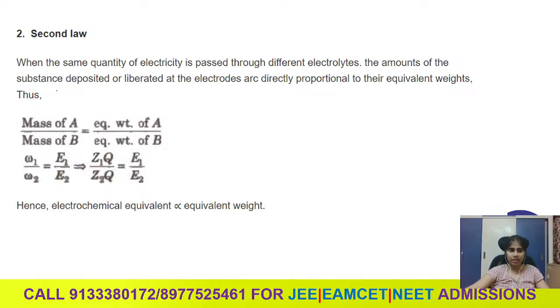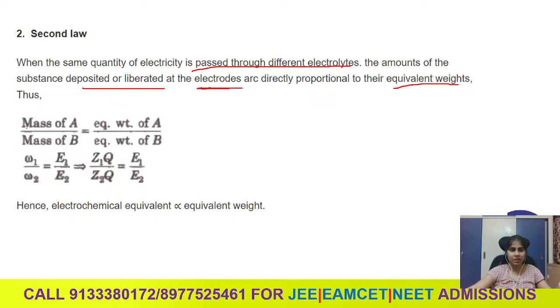The amount of the substance deposited or liberated at the electrodes, by either reduction or oxidation, is directly proportional to their equivalent weights. Equivalent weights are involved in the second law. So the same amount of electricity is passed through different electrolytes, and the substance deposited or liberated at the electrodes is directly proportional to their equivalent weights.